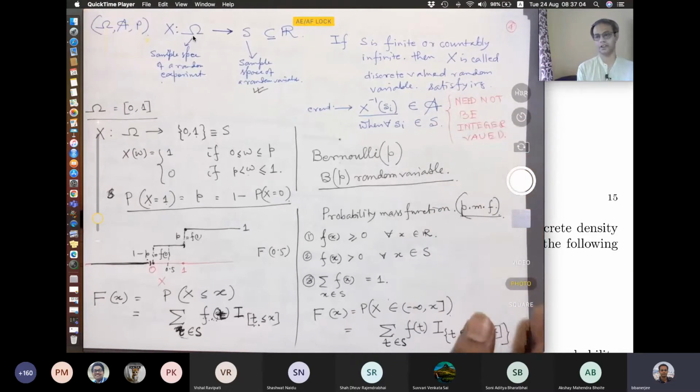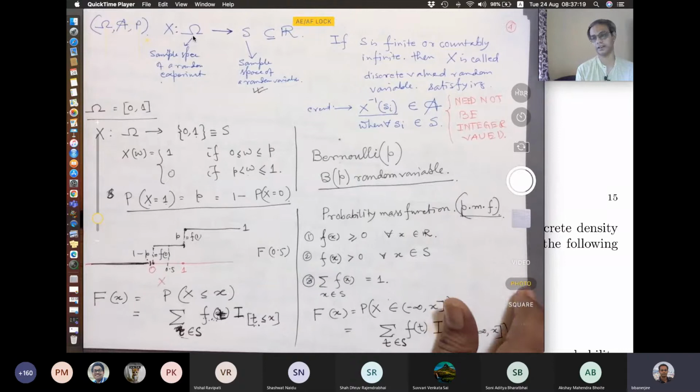You may have the number, say for example, if you have all natural numbers, you can also have n plus 1 by n kind of thing. It is just needed that it should be either finite or you have a bijection with the set of natural numbers. That's it. It need not be integer valued.